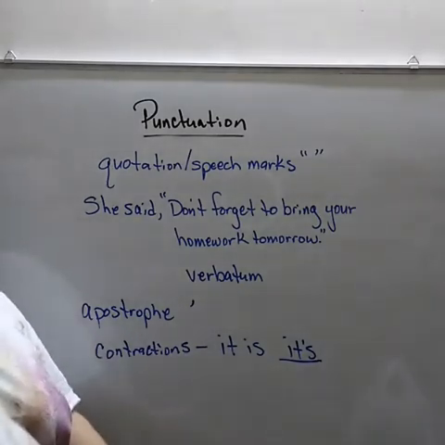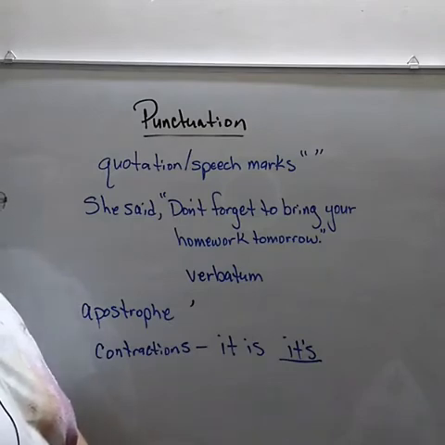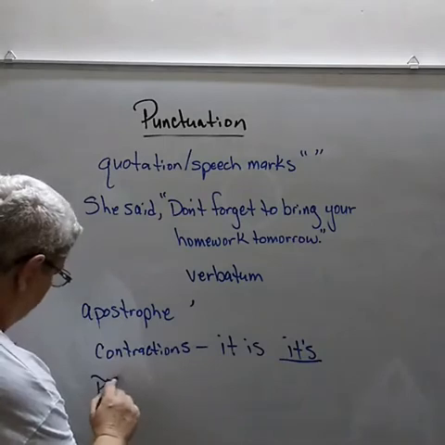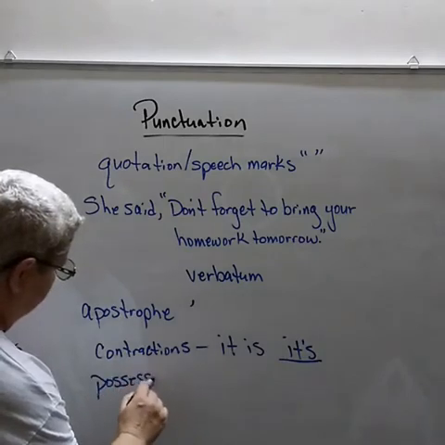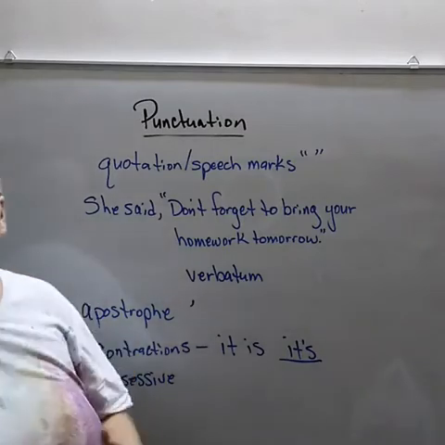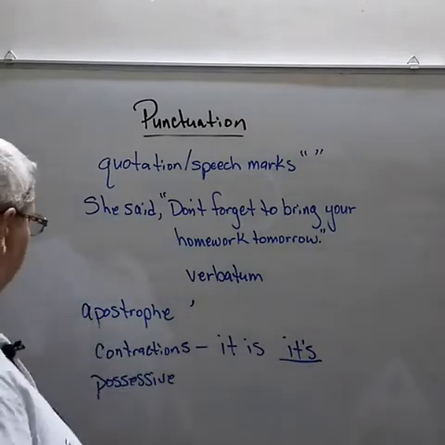Alright? Now, another big problem that people have with apostrophes is when we use it for possessive. Now, if you're not sure what possessive means, it means showing that something belongs to you.